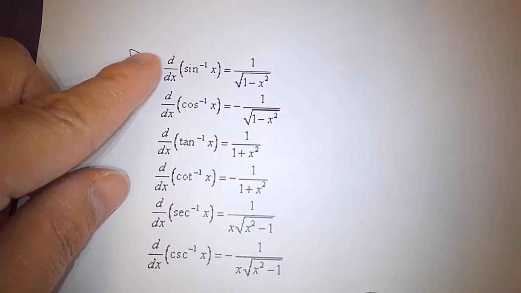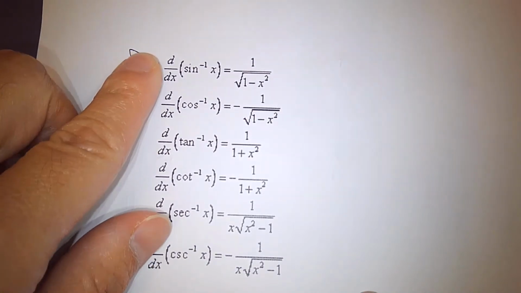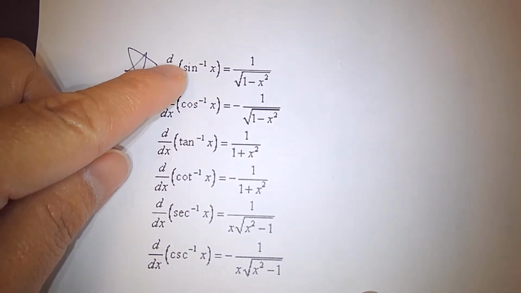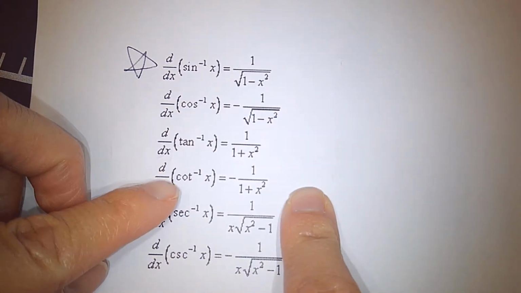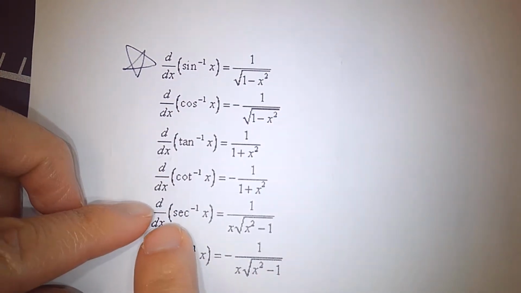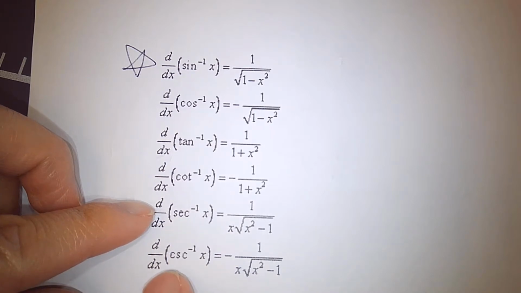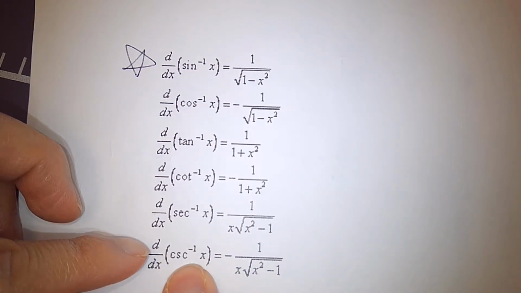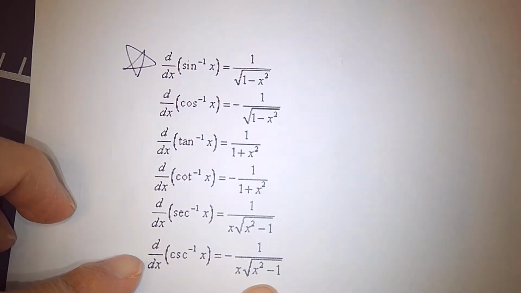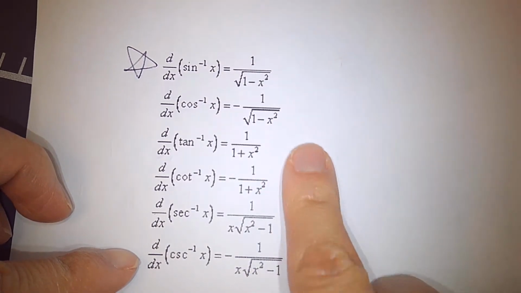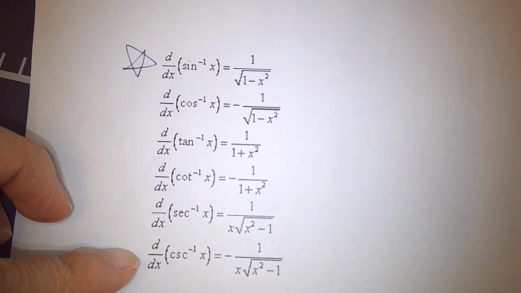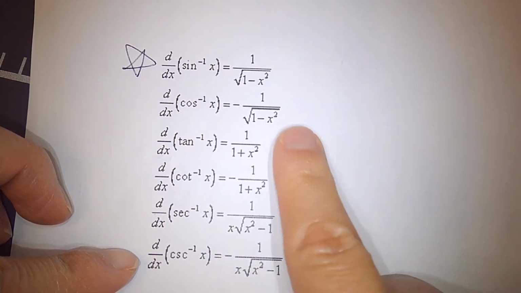These are the formulas for the derivatives of the inverse trig functions: inverse sine, inverse cosine, inverse tangent, inverse cotangent, inverse secant, inverse cosecant. We're going to use these to do derivative calculations.